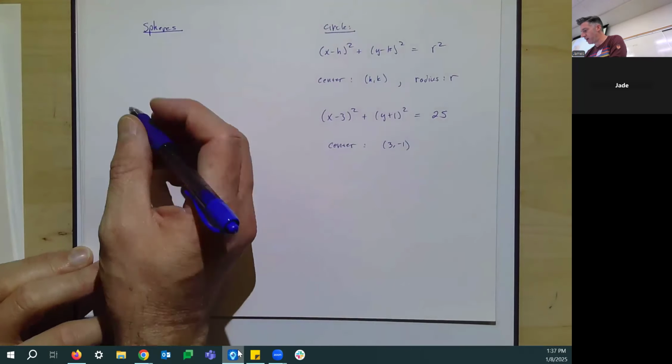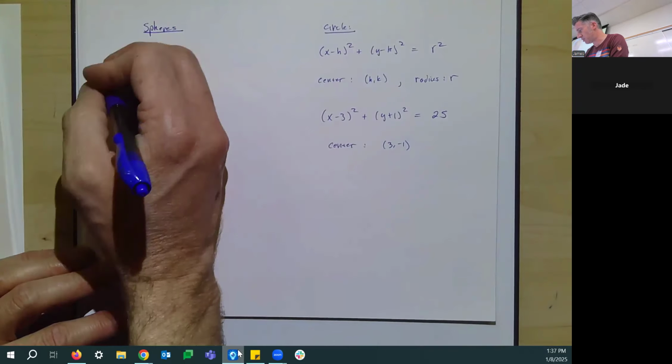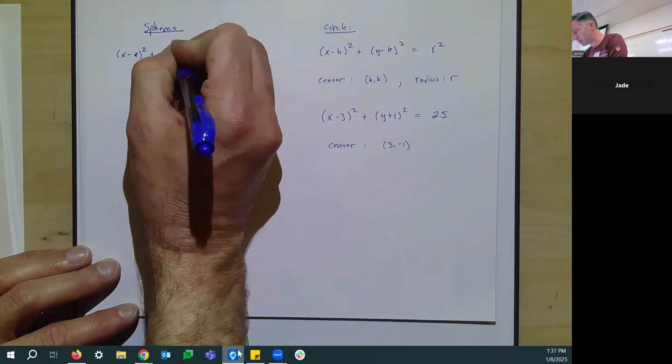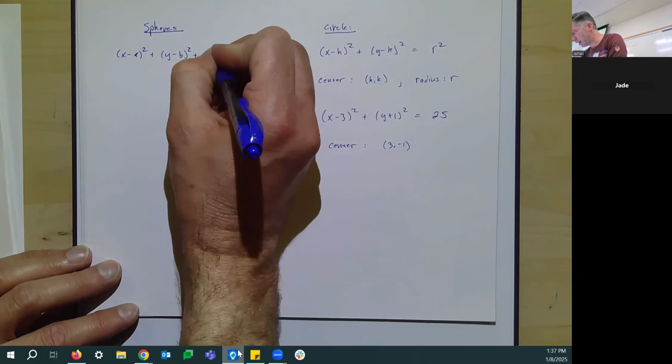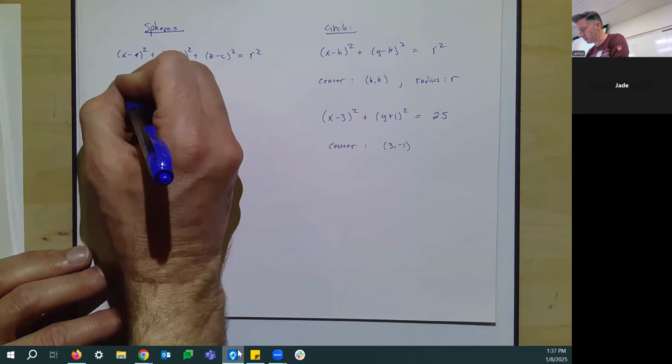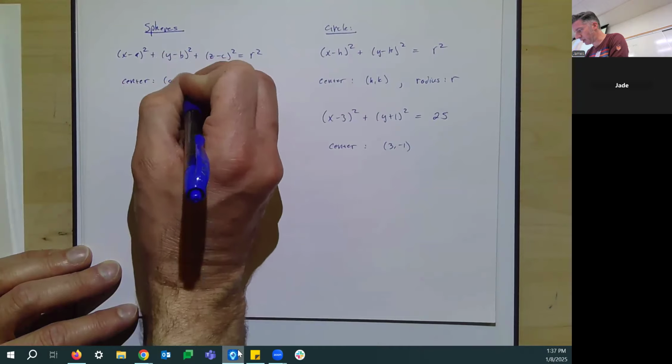In the same sort of way, for a sphere, the general equation is, I'm just going to use a, b, and c here, (x minus a) squared plus (y minus b) squared plus (z minus c) squared equal to r squared. And this is centered at the point a, comma b, comma c, with a radius still of r.